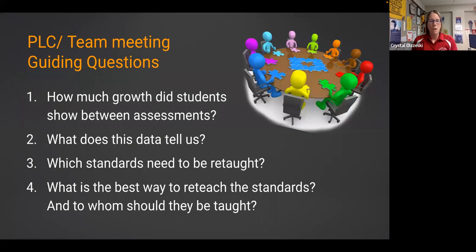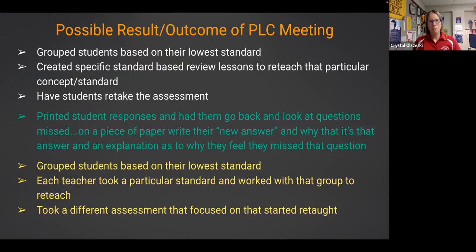And then obviously, some of the questions I've talked about are just examples, guiding questions to help guide your PLC meetings if you have that usable data, which makes it very, very valuable. And then the same thing I already talked about, just to highlight and recap, the possible outcomes of the PLC.